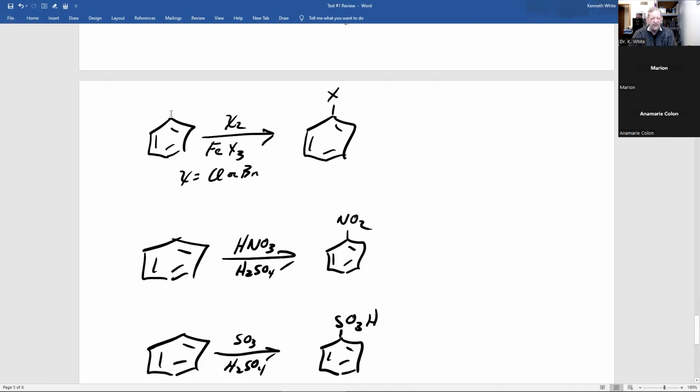One of the hydrogens on the ring is substituted for something else. This is called electrophilic aromatic substitution, and I'll never ask that on a test, but I'll use it now. And there are 4 reactions. The first one is halogenation, and you only see that for chlorine or bromine. You need a catalyst. You replace one of the hydrogens with the halogen.